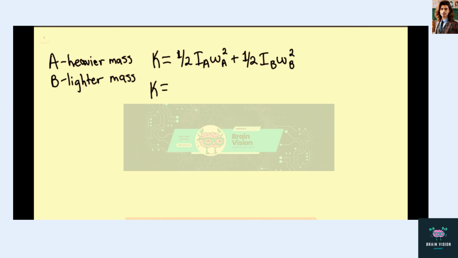We can say K would then be equal to 1/2 m sub A r sub A squared omega sub A squared plus 1/2 m sub B radius sub B squared omega sub B squared.